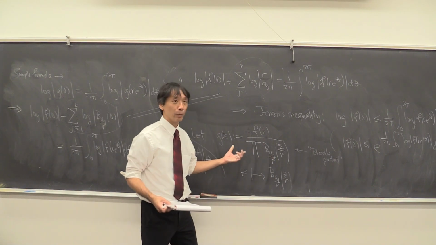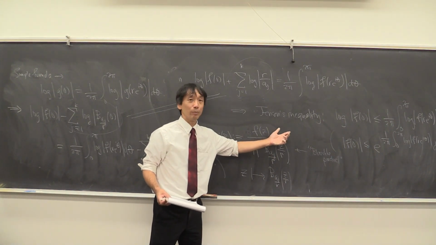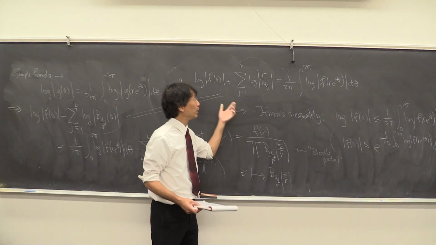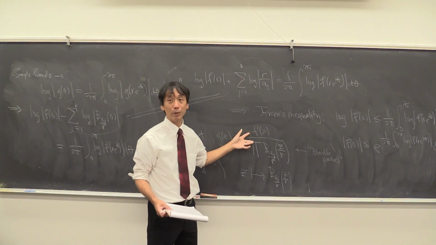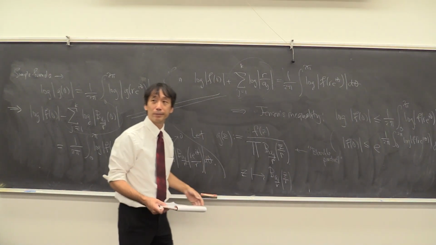You can imagine what you do if you have poles, right? You just throw on the additional Blaschke product on the top to cancel out the poles on the bottom. And then you apply the baby formula to that, and then the formula pops out again.